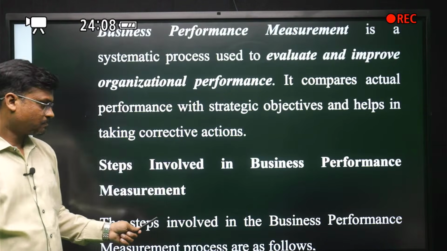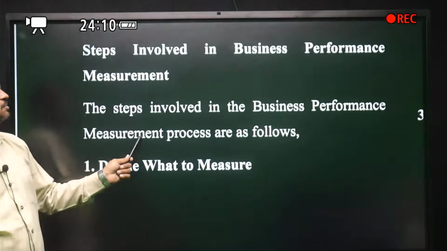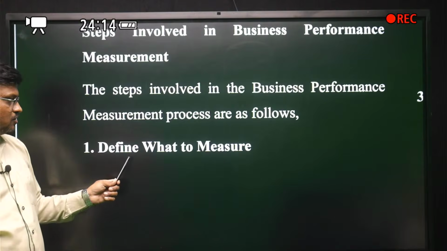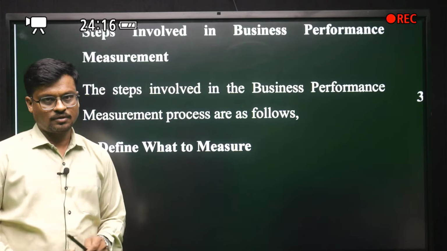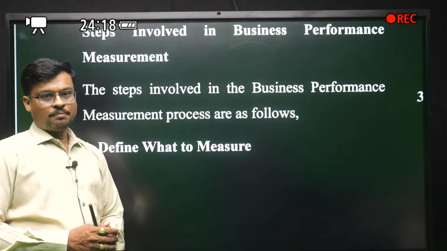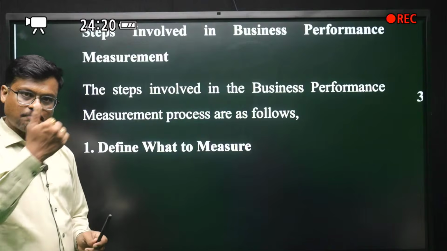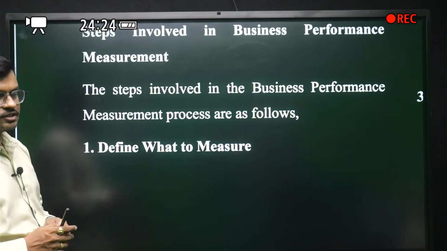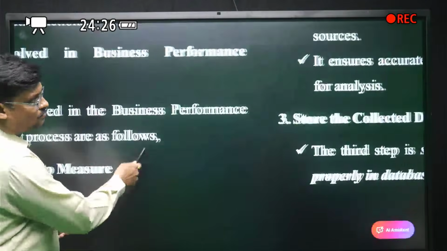Okay, so the steps involved in business performance measurement in BPM: first we define what to measure. Your performance should be mapped with your measurement, no? So what to measure, that is your first thing.